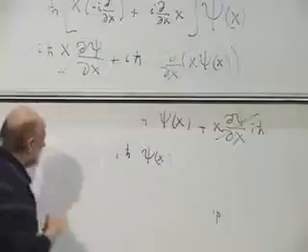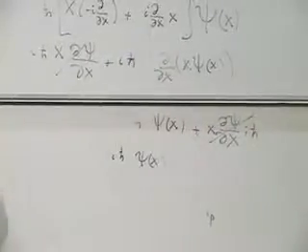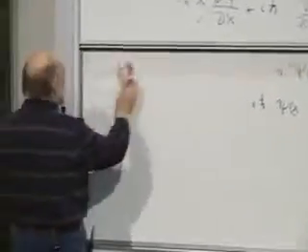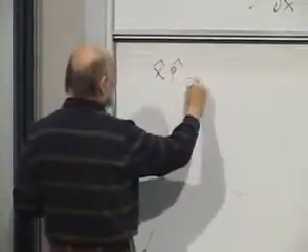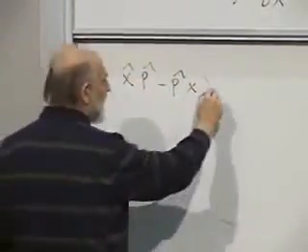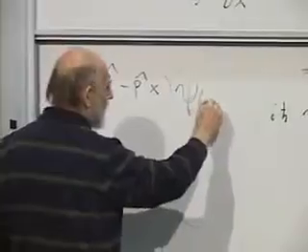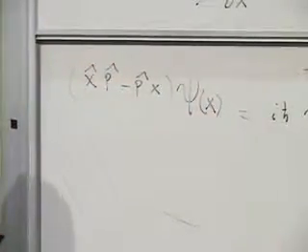So here's what we learned. We learned that xp minus px, when you think of it as an operator hitting any wave function, just multiplies the wave function by i h bar.